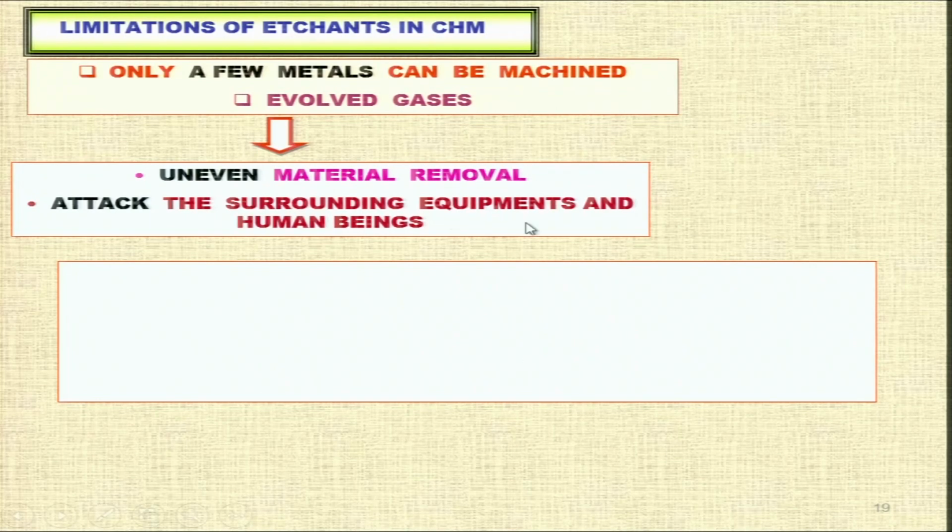They attack the surrounding equipment and human beings. Whatever the vapors or gases are released due to chemical reaction, these gases come in contact with the equipment and the human beings, and both of them suffer. So for this purpose, you should very carefully design an exhaust system, and once the exhaust system is there, then only the equipment and surroundings can be safeguarded.